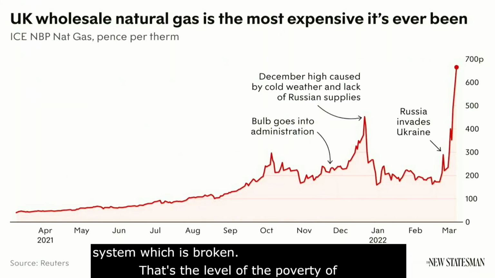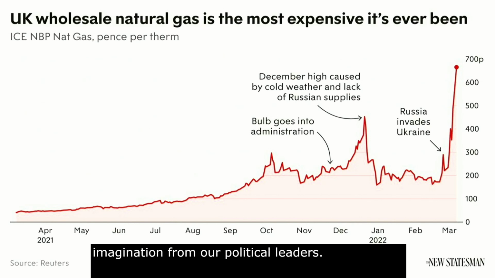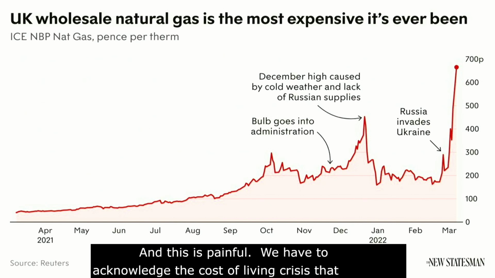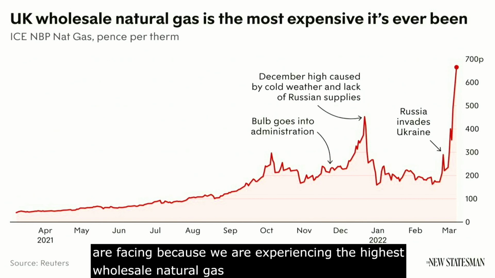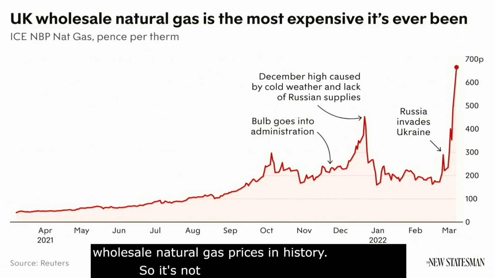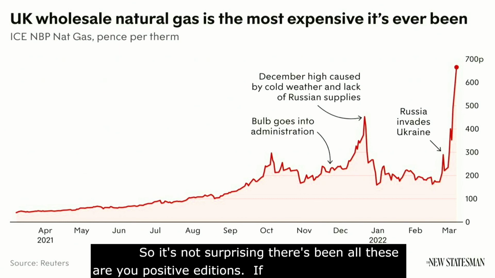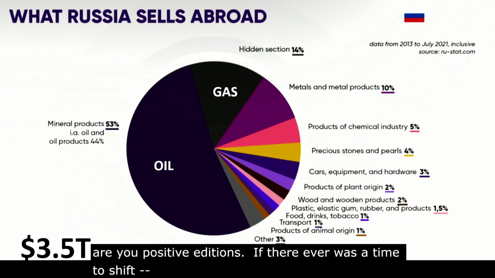And this is painful. We have to acknowledge the cost of living crisis that people are facing, because we are experiencing the highest wholesale natural gas prices in history. So it's not surprising there's been all those repercussions. If there ever was a time to shift away from fossil fuels, it is now. And this is an absolute moment in time, not least because it's also driving the war in Ukraine.